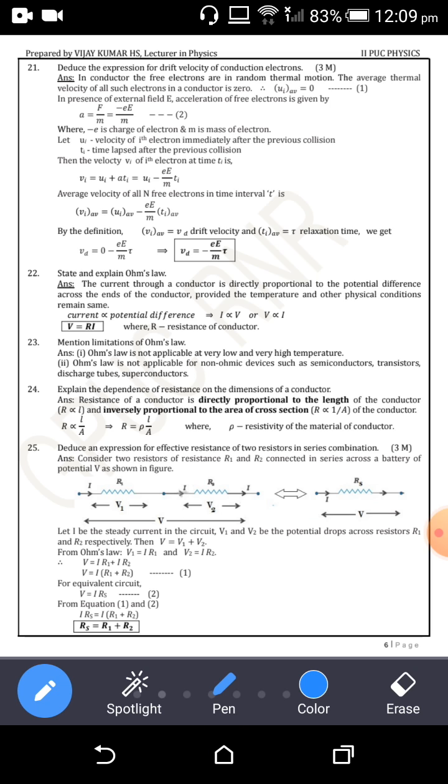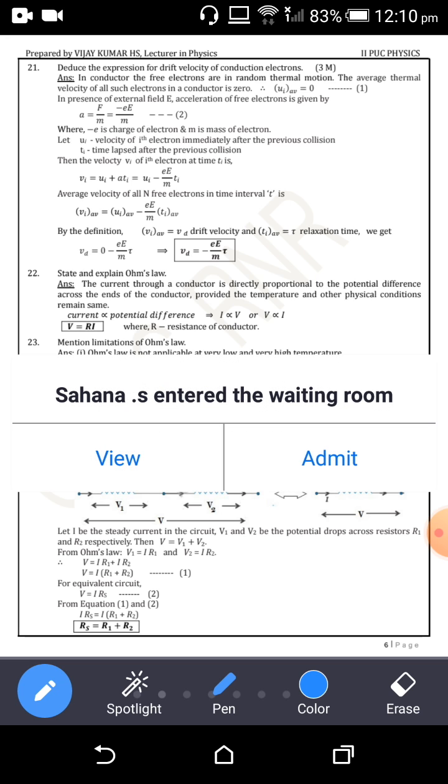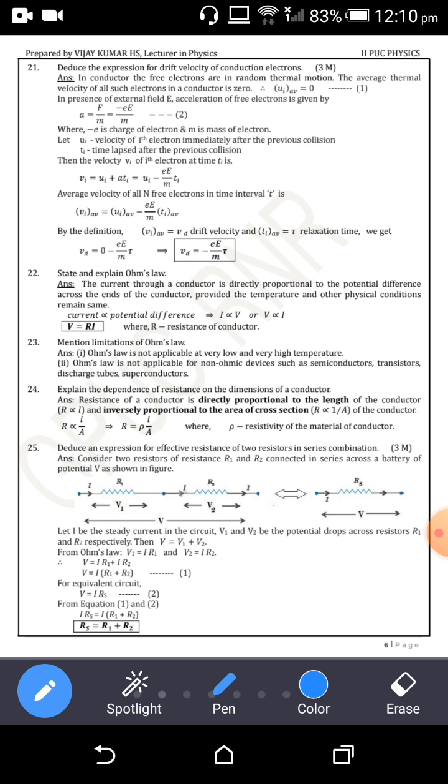For equivalent resistance, if the two resistors are replaced by a single equivalent resistance, that can be written as V is equal to I R subscript S, which is equation 2. When you compare both equation 1 and 2, the LHS are the same, so you can write I R subscript S is equal to I into R1 plus R2.